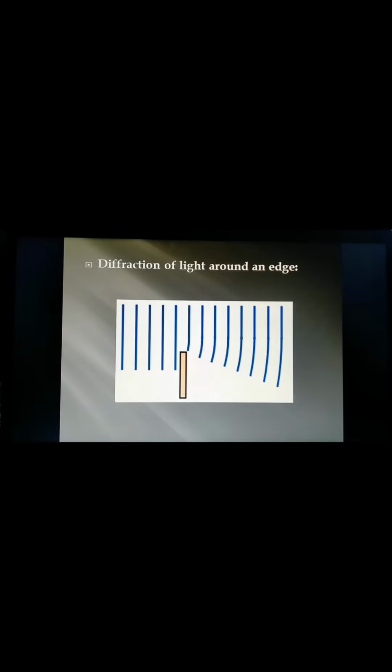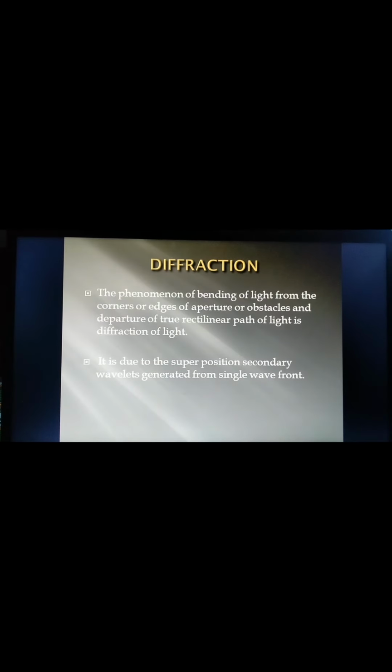So this is the phenomenon, and I am reading the definition again: the phenomenon of bending of light from the corners or edges of an aperture or obstacle and the departure from the true rectilinear path of light is known as the diffraction of light. And the second point is regarding the wavelengths.